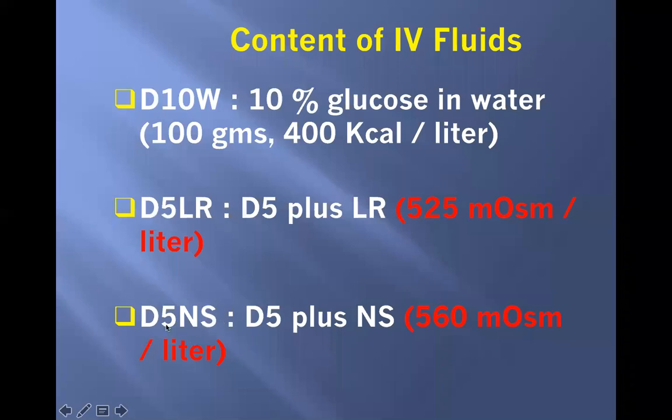And this type of fluid available in our hospital consists of 5% dextrose water plus normal saline with the double osmolarity, just like giving both contents of normal saline and dextrose water within the 500 ml in the bottle and within the 1 liter in 2 bottles.